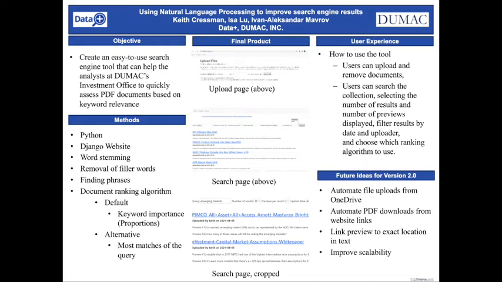And the other filter that we developed was the user filter. This would be a very useful feature for those cases when a member of the Dumac team or a group of investment professionals at the firm work on a very niche market, and they would really want to see as the output of our search algorithm only those documents that are specifically dedicated to this niche market.